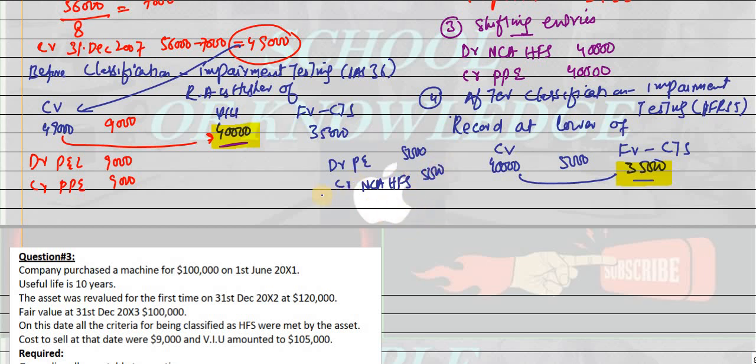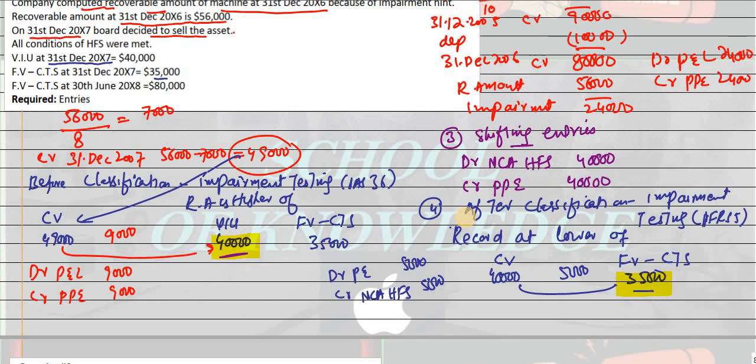Now if you check at 31st here, on 31st the asset goes off. When the asset goes off, then we will need to reverse the previous impairment, but the maximum reversal is limited to the previous total impairment.